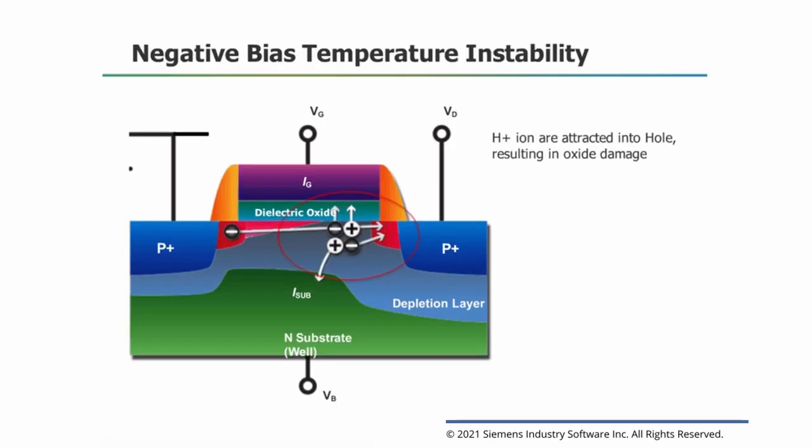NBTI has received more attention recently because the PMOS device threshold voltage variation became the most limiting factor to design reliable CMOS circuits. NBTI is generally monitored by the degradation of the threshold voltage. This degradation strongly depends on the bias conditions and temperature.